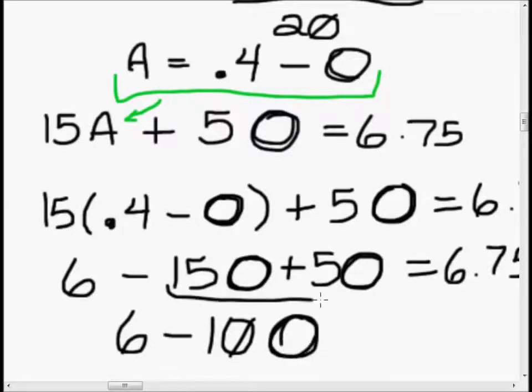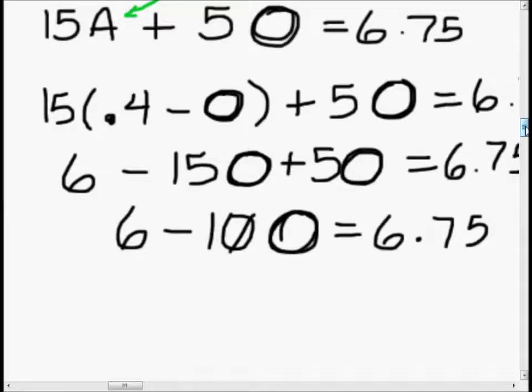Because we can combine these two right here, equals 675. We subtract both sides by 6, and that gives us negative 10 oranges equals 75 cents.